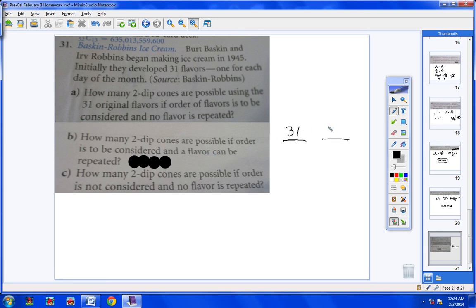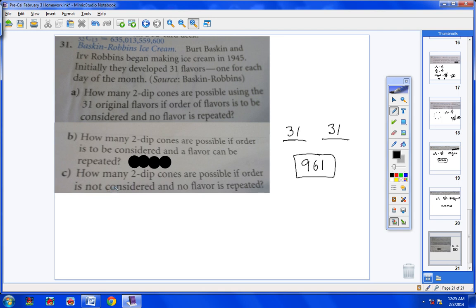So in this blank I have 31 options again, because it doesn't matter if I put a chocolate scoop in, I could also put chocolate over here. So in other words, even though I put chocolate here, I still have 31 options for the second blank. 31 times 31 is going to give you 961.